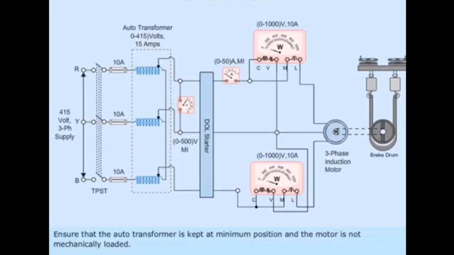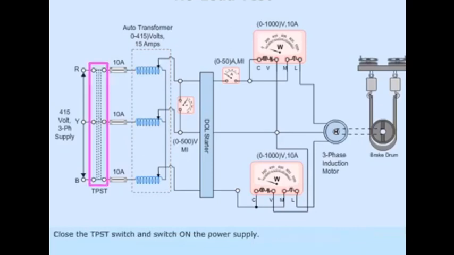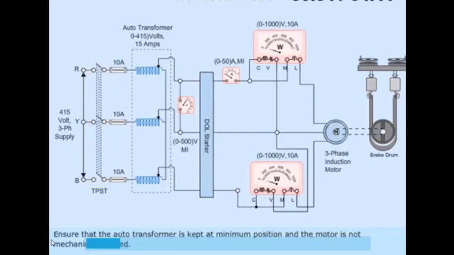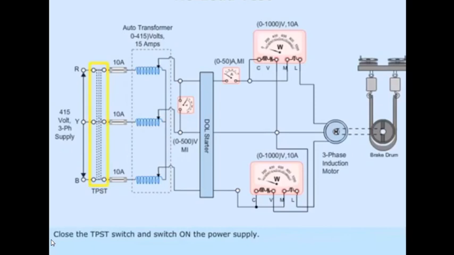Then what we have to do next is close the TPST switch. We can see that it was open last time. See, it is open. We are now closing it.